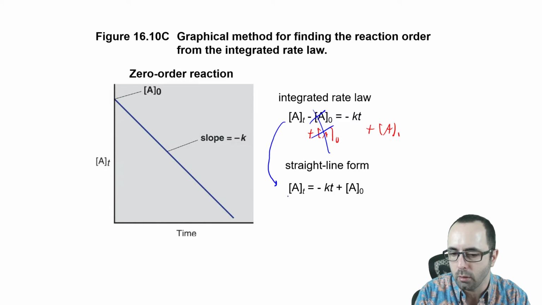So for zero order reactions, if you plot concentration on the y-axis, and on the x-axis you plot the time, then your slope will be negative k, and your y-intercept will be the initial concentration.